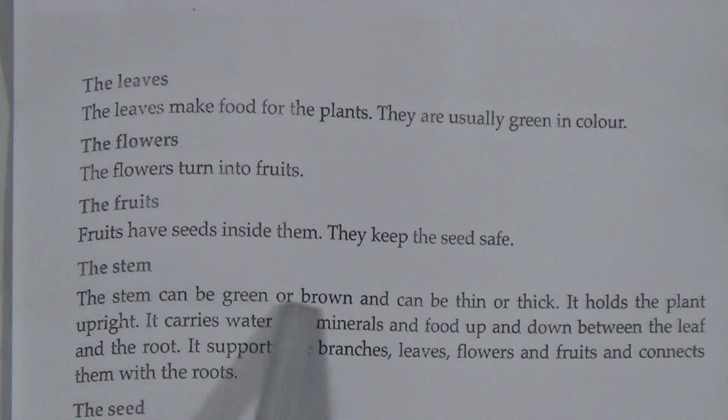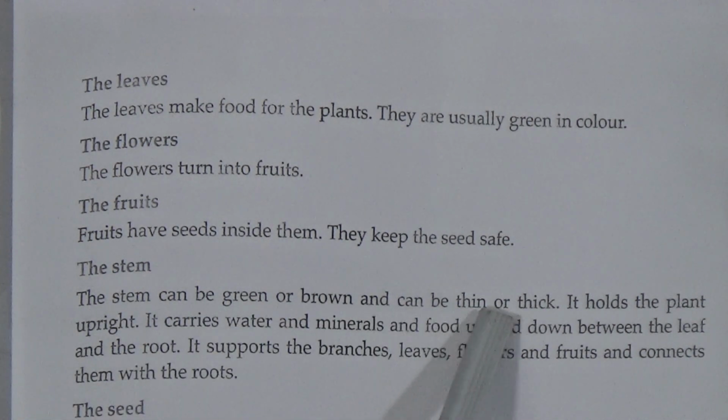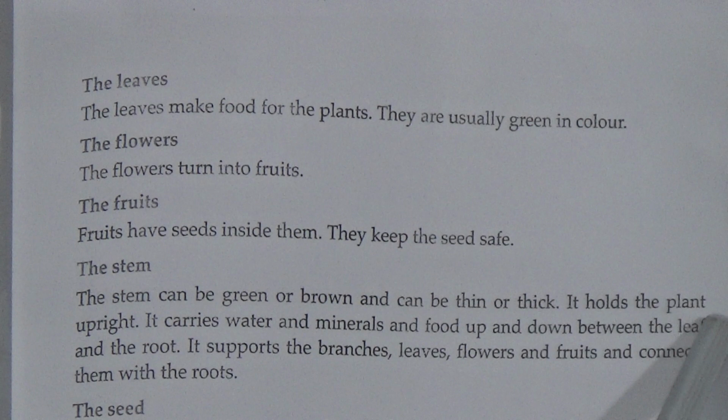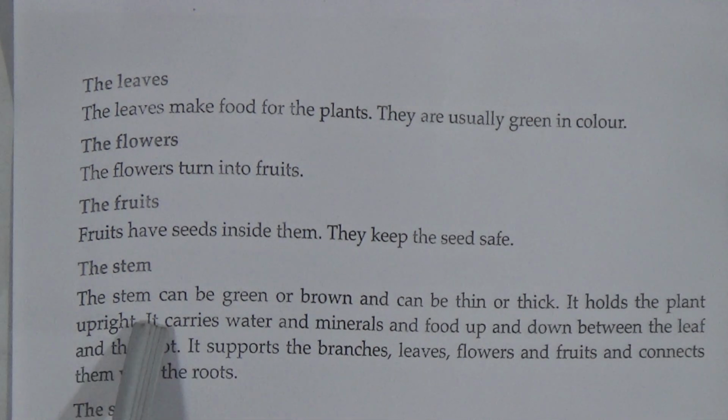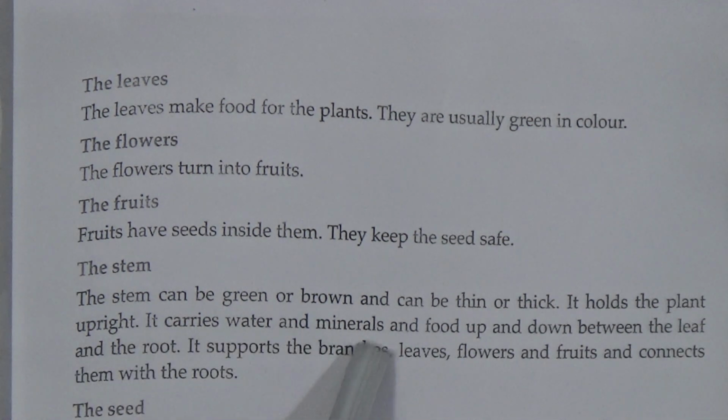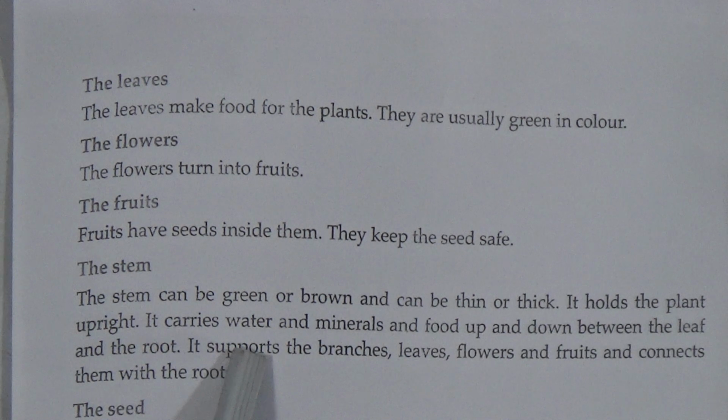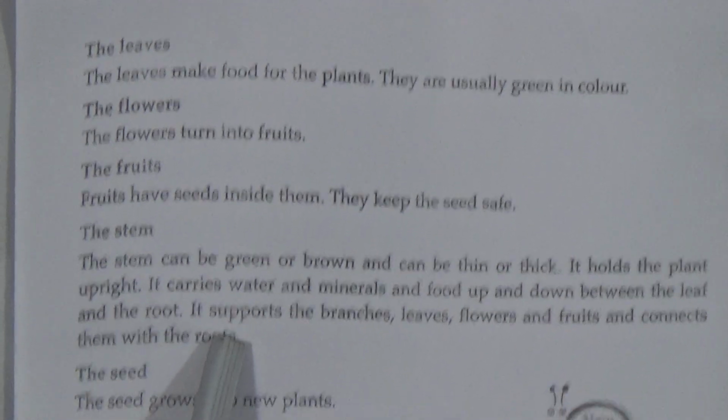The stem can be green or brown and can be thin or thick. It holds the plant upright. It carries water and minerals and food up and down between the leaf and the root. It supports the branches, leaves, flowers and fruits and connects them with the root.